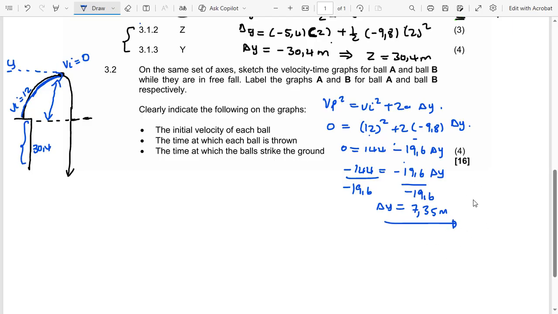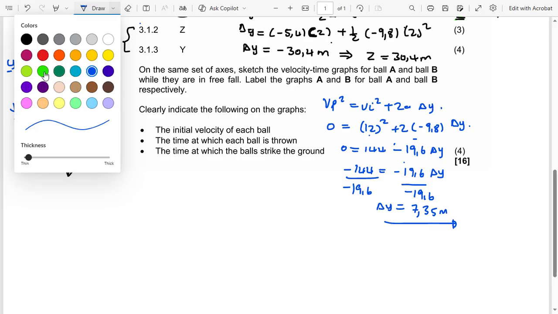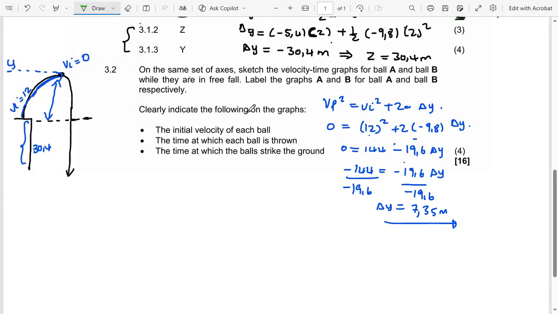And if that's the maximum height, what will be the height at y? We need to add. So we know that the distance between those 2 points is 7.35, and the distance between that and the ground we said is 30.4 meters. So we just have to add.